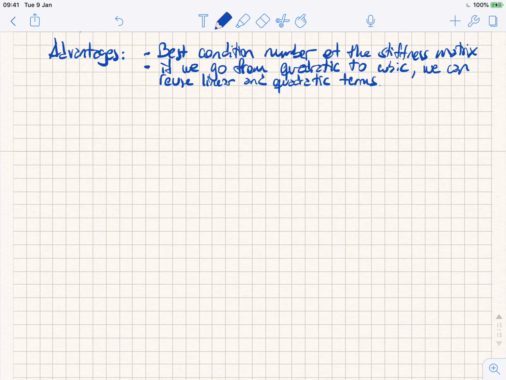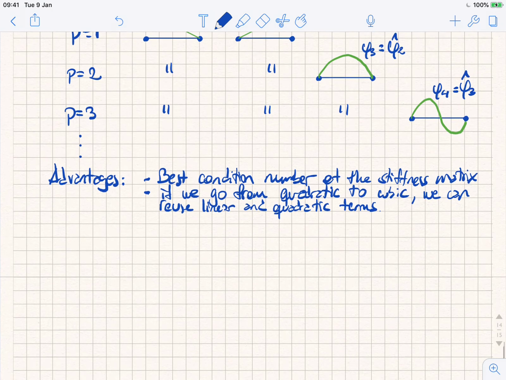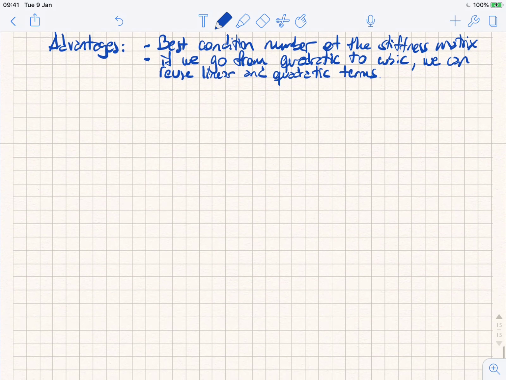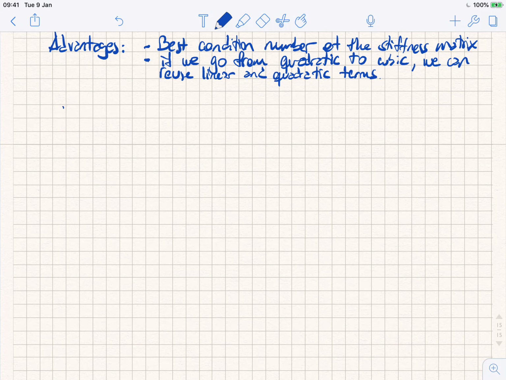That's one way to say it, so that it is simple. If we go from quadratic to cubic, we can reuse linear and quadratic terms. But as you saw, I have used a function phi hat that I have not defined yet. So let's define that function. That function phi hat looks like this.